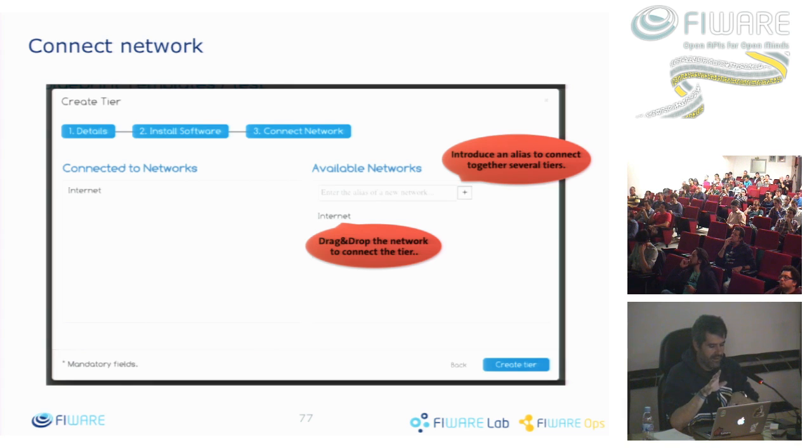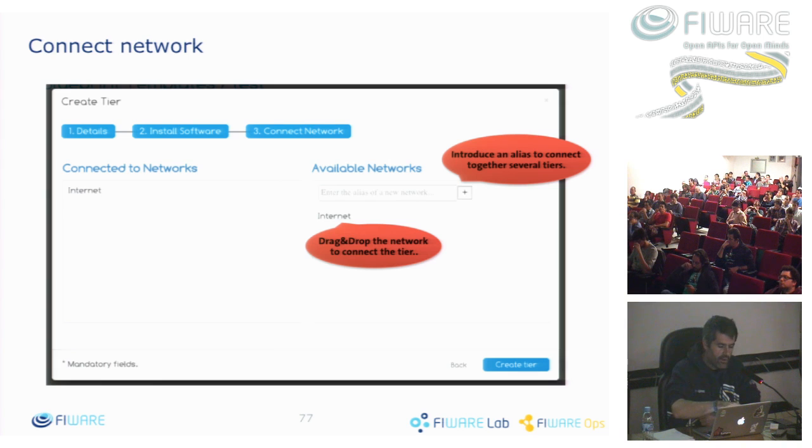Keep in mind that this is a tier, and I want to connect the tier with a specific network. If I put the name of a network that I have to create, and this network is the same as the one I have in another tier, both tiers are connected in the same network.